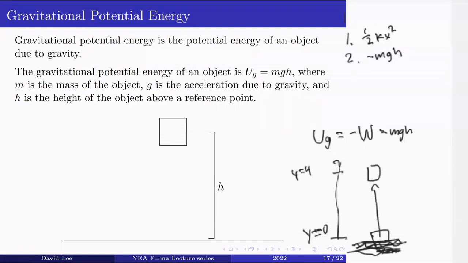So this box is going to start at y equals 4 and fall down until it hits the ground at y equals 0. So what's the change in its potential energy?